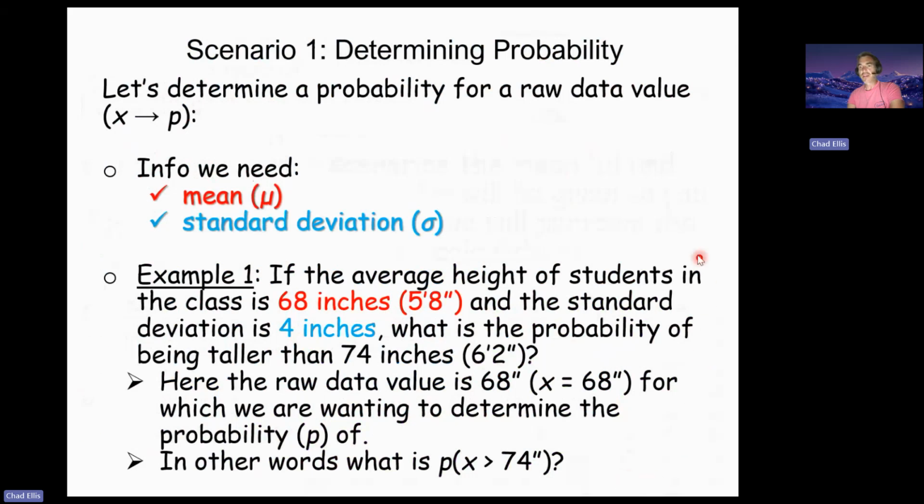We're going to be doing a few different versions of the same kind of scenario here, looking at heights in a class. So the scenario is that imagine we have heights of students in a class with a mean of 68 inches, or 5'8", with a standard deviation of 4 inches. The big assumption here, and we'll get into this in the next video, is that our data, in this case height, is normally distributed.